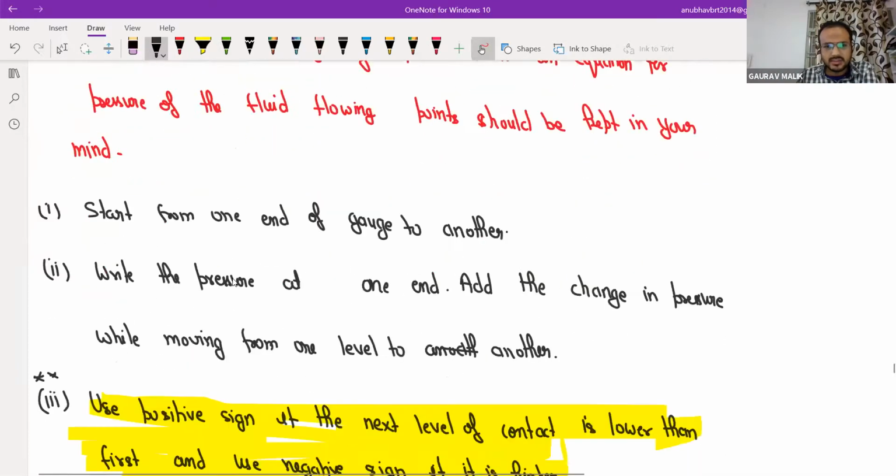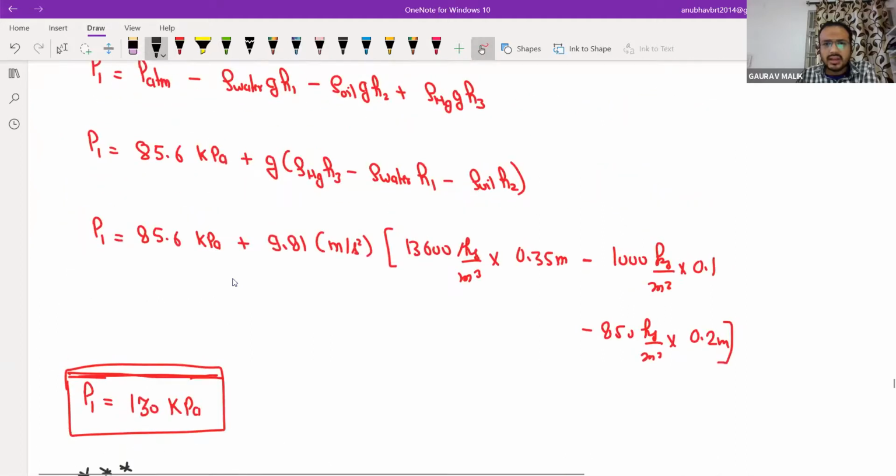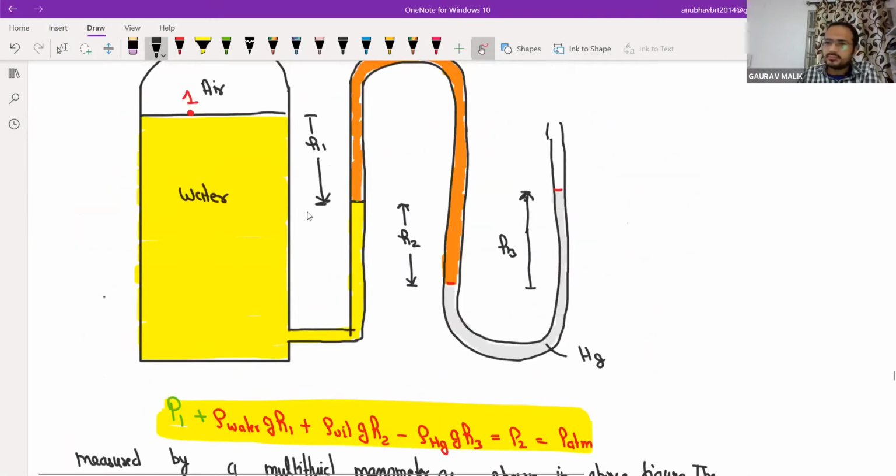Is it clear? Now write down next. And I hope now there should be no confusion, because this question is one of the mother questions. If you are able to solve this question, then you are able to solve any question in the exam. If you are going in the upward direction, then negative. And if you are going in the downward direction, positive.